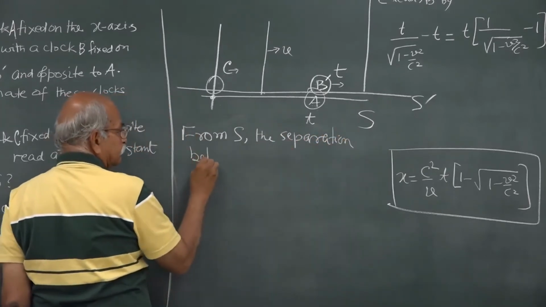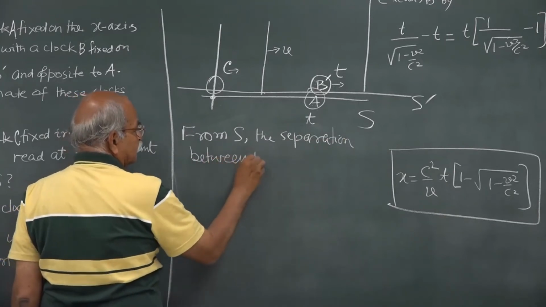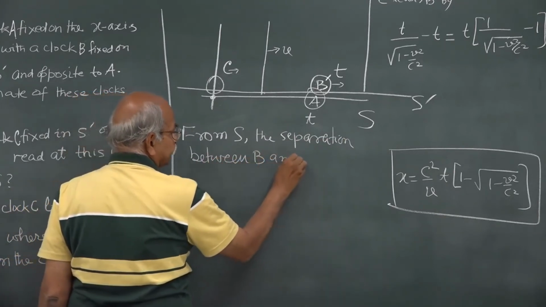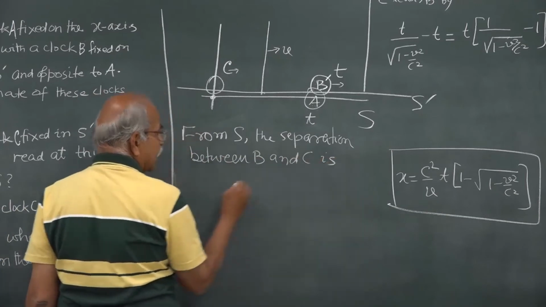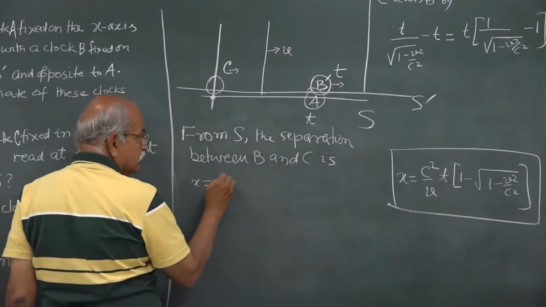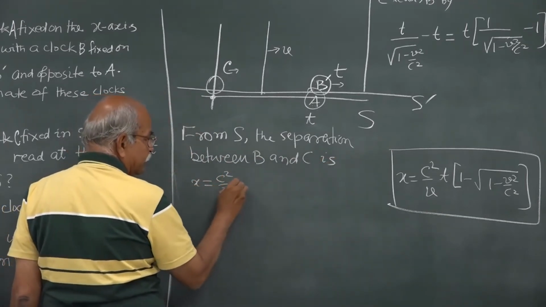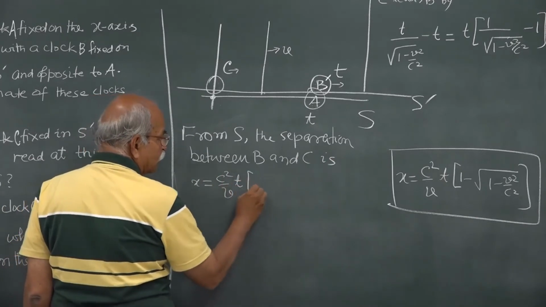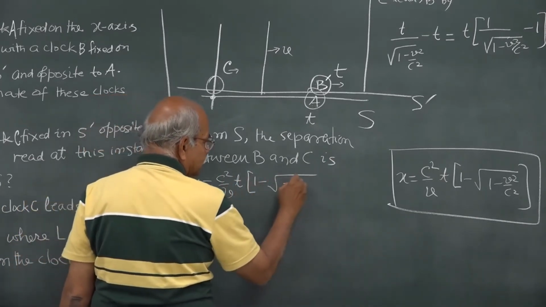between B and C is x, and that is c square by V into t, times 1 minus square root of 1 minus V square by c square.